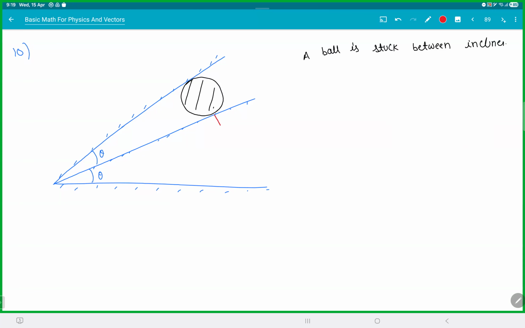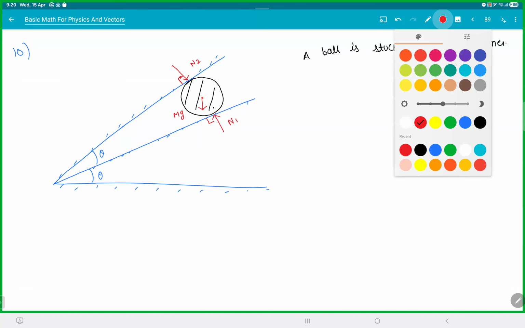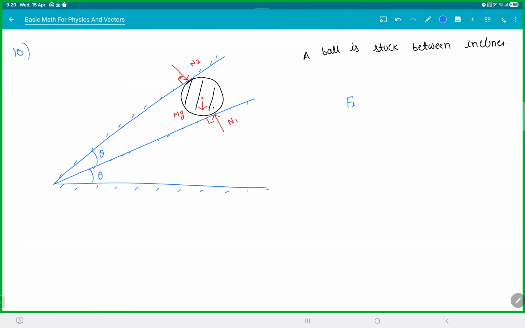So this thing is applying a force N1 here. So this is 90. This is applying a force N2 here. This is also 90. So these forces will be perpendicular to this, and you have your own weight mg. I'm not giving you any numbers. So there's a ball which got stuck between the two walls. Are you able to visualize how it is? So there are two inclines like this, and the ball is stuck between them. And the angles are theta and theta. Find N1 and N2.